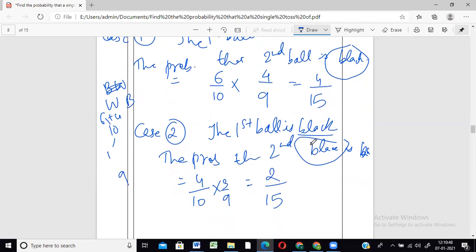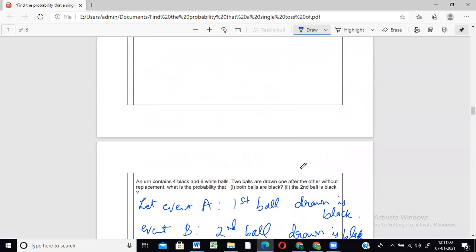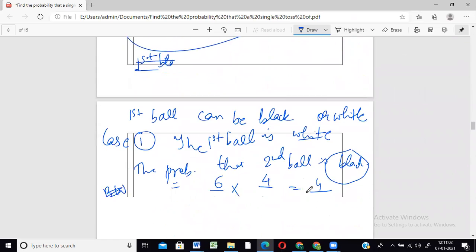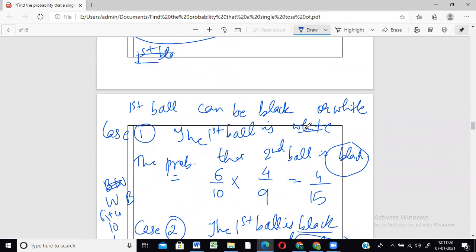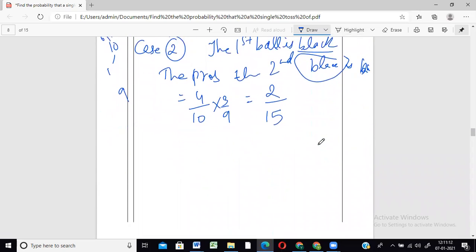The next condition is first is also black, second is also black. That means both black, which you've already done above. So the same answer is 2/15. Now, the total probability. What did they tell you initially to find out? The second ball is black. But we didn't know which was the condition. It could have been any one among these two conditions, right? The first one could be white and the second black, or the first black and the second also black.